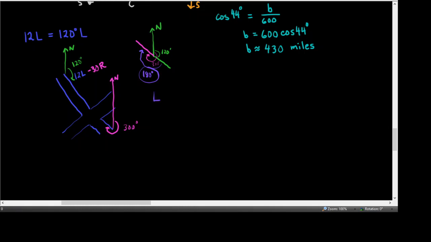So the L number and the R number are always 18 away from each other, because they're always going to be opposite directions. So they'll be 180 degrees away from each other, and that's going to be an R or L number difference of 18.